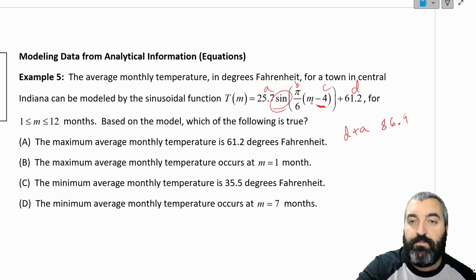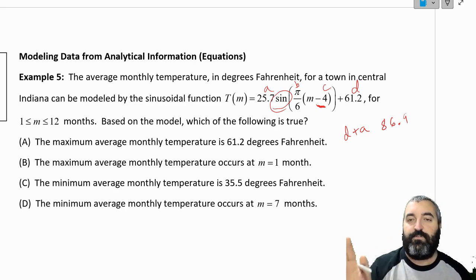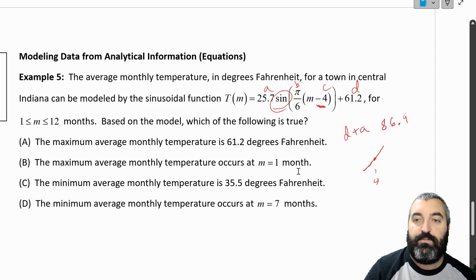You could plug in a number if you wanted to, but it ends up that m equals 1 will actually be a minimum, because it's going down. At 4, it's going up on the right, and on the left side it's going down, until a quarter of the way. So B is out.